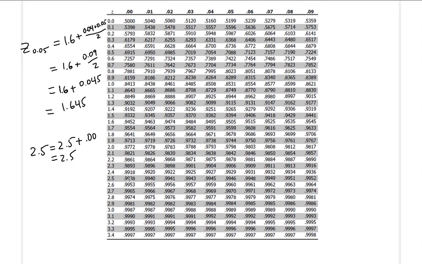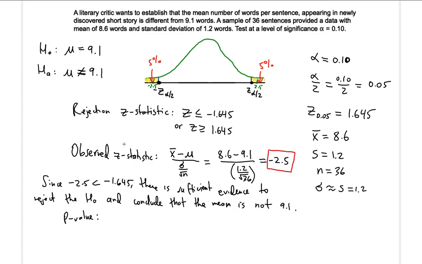So we have to subtract this value from 1 to have the remaining probability, and that's less than 1%. But here's another tricky thing. We have to multiply this value by 2, right? Because we're talking about this shaded region to the right of 2.5 and this shaded region to the left of the negative 2.5, right? So that's why we have to multiply this by 2.